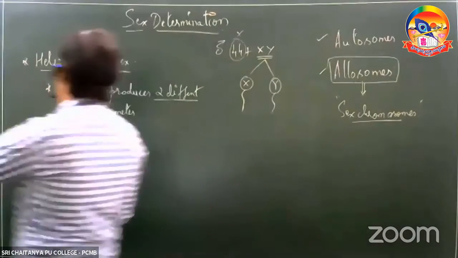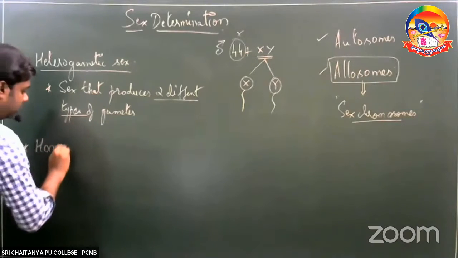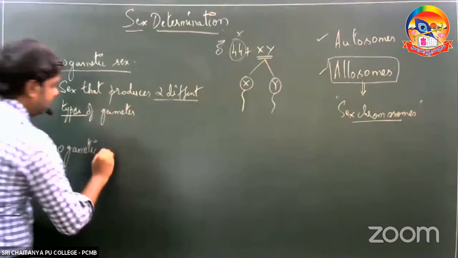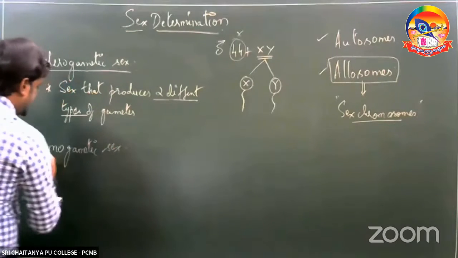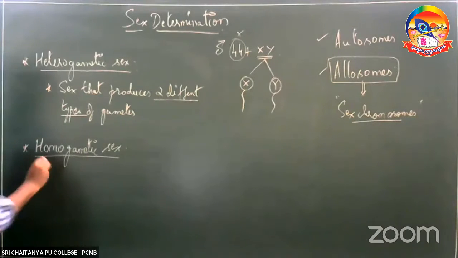Similarly, the second one what we have is called as homogametic sex. Now what does this mean, homogametic sex? Heterogametic, we call it as two different types of gametes. In homogametic sex, what would happen?